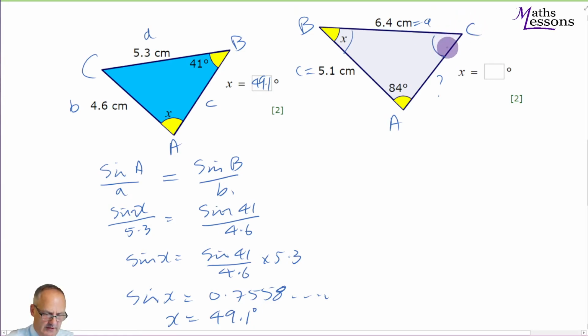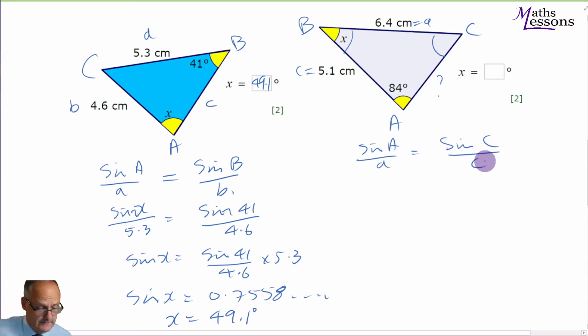And once we found this angle and this angle, we can then find that angle, because the angles in a triangle add up to 180. So we're going to use the fact that sine A over little a will equal sine C over little c.